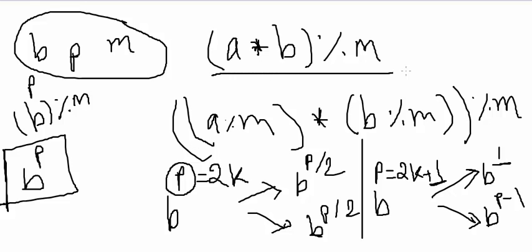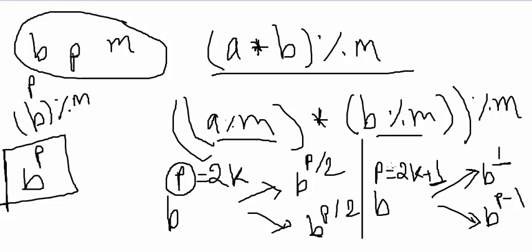If you look at this equation, we can compare: in this case, B to the power P is equivalent to A into B, that means B to the power P by 2 into B to the power P by 2. In place of A and B, there are B to the power P by 2 and B to the power P by 2. Then what we will be doing is, we will first find B to the power P by 2 mod M, and then B to the power P by 2 mod M. Then we will multiply those results, and after that we will mod that again by M.